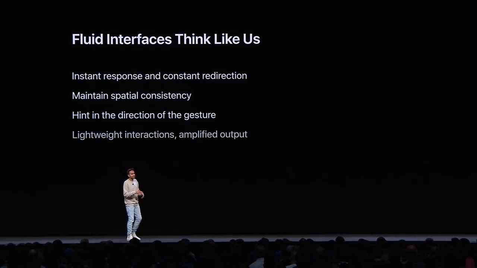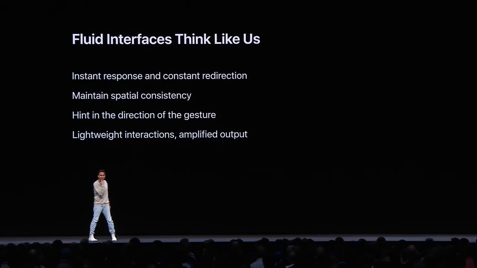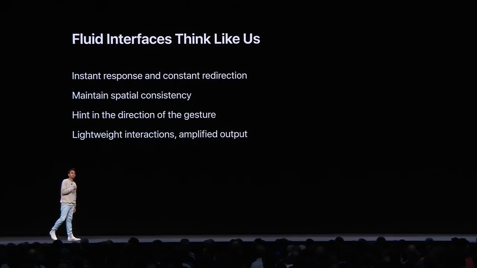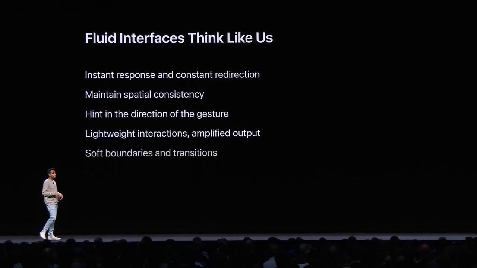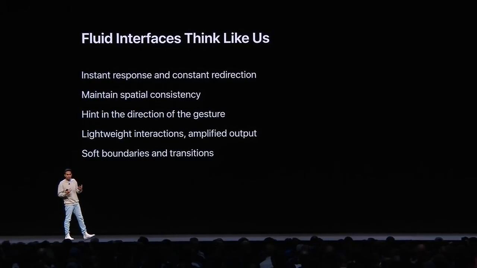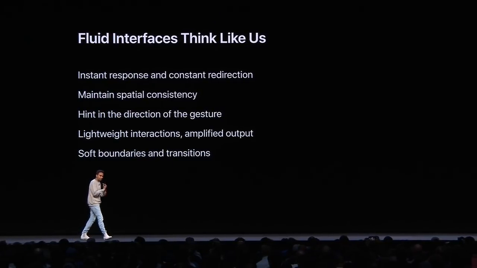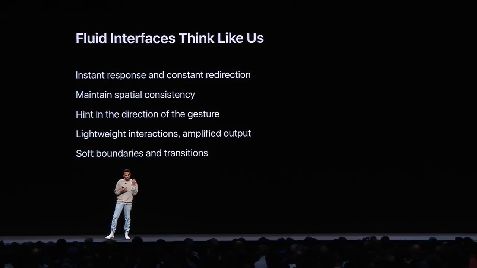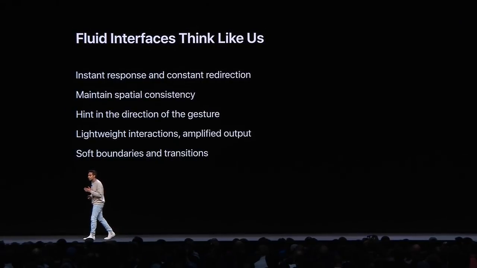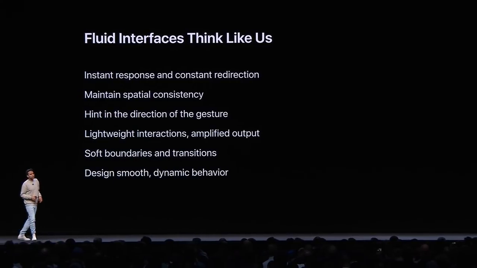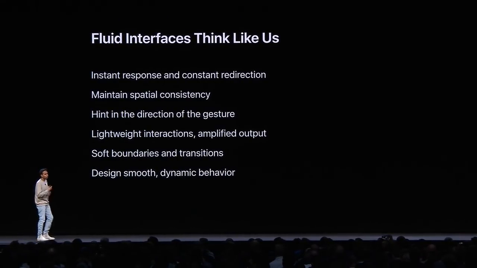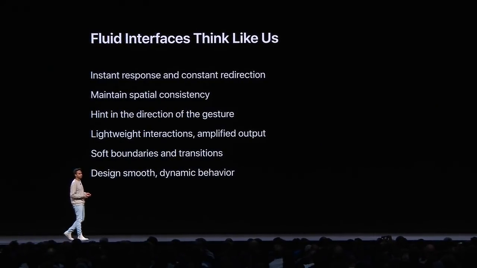And to maintain lightweight interactions, but amplify their output, to get that satisfying response while still keeping the interaction airy and lightweight. And to have soft boundaries and edges to the interface, so the interface is always gracefully responding to you, even when you hit an edge or transition from tracking one thing to tracking the other. And to design smooth dynamic behavior that works in concert with you.